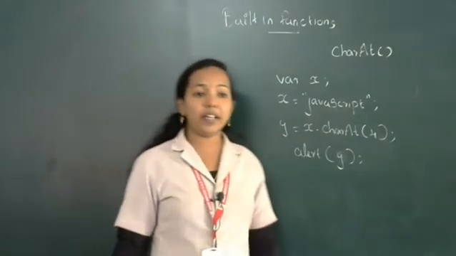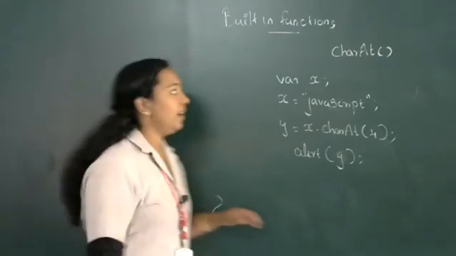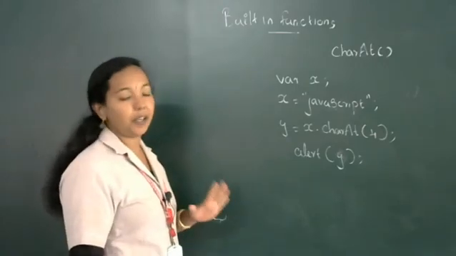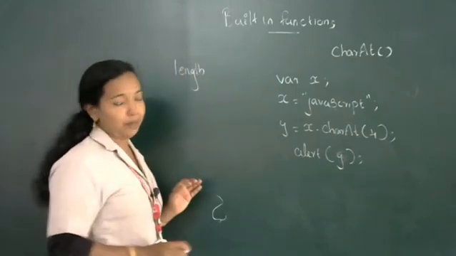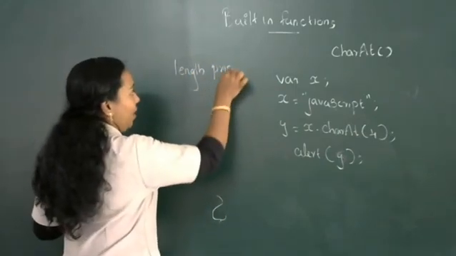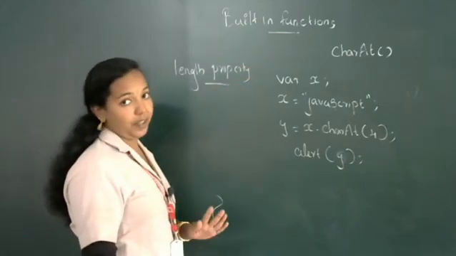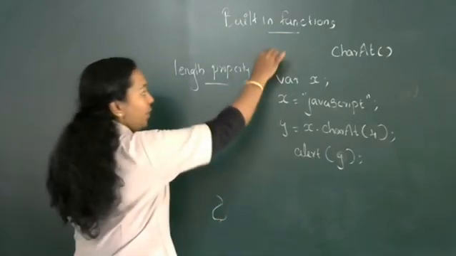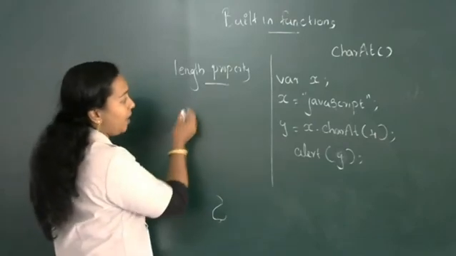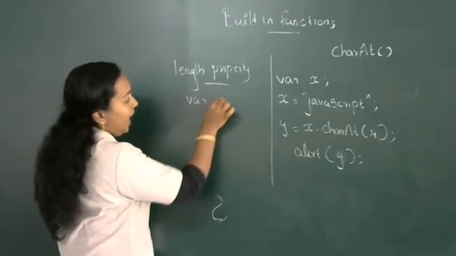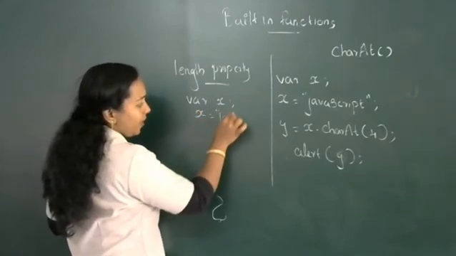So these are the commonly used built-in functions of JavaScript. Then one more is present. Actually it is not a function, it's a property, so you don't need to write function brackets. Here it is the length property. It does not belong to the function category. The length property is used to find the length of a string. We can write one example: var x, x equal to JavaScript.